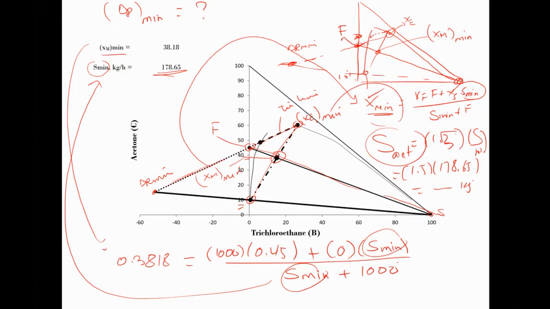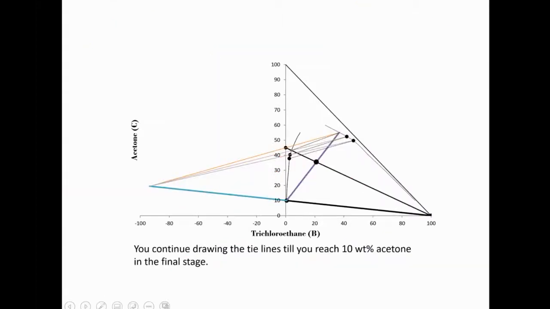So now the XM actual, this is what you have to do. Now you know S minimum, we obtained it is equal to 178.65 kilogram per hour. Now from this one I can say S actual is equal to 1.5 multiplied by this number, 178.65.